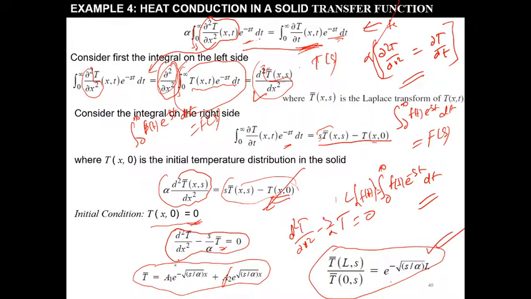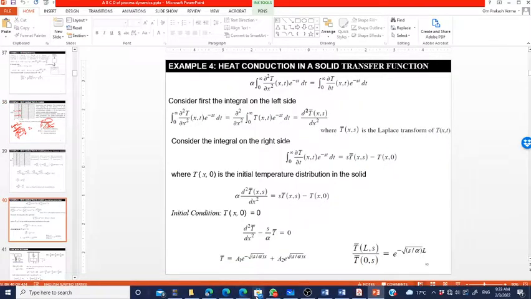If you put x equal to 0 you get this, and if you put x equal to infinity you get 0. So that term becomes 0, and that is the transfer function. Simple. Okay, so in this way you can find out the transfer function for the distributed type of model, and it is one of the easiest problems we have.